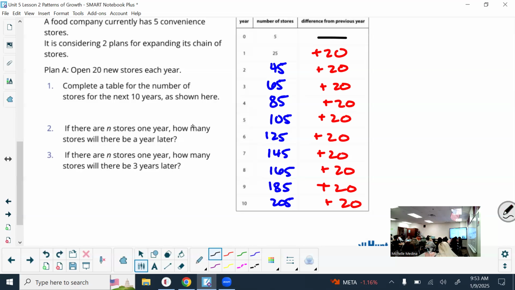If I were putting this as my answer, I'd probably want to go back and see, does that work? So if I had 5 stores, would adding 25 get me 25? So how can I adjust this expression then to make it work? Make it N plus 20. And now when I try plugging in some of my numbers, it's working no matter what N is. Does that make sense? So this is my expression, N plus 20, or 20 plus N, same thing.